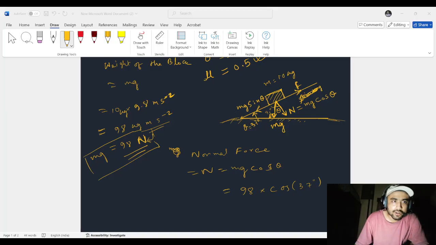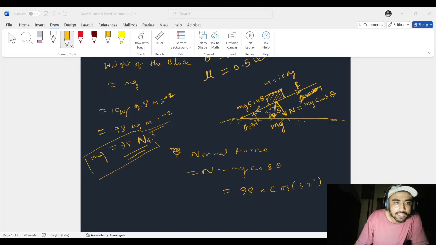You can also open the calculator if you want to, because without a calculator you cannot find the cos or sin value when the angle is something absurd, like 37 degrees or 39 degrees.